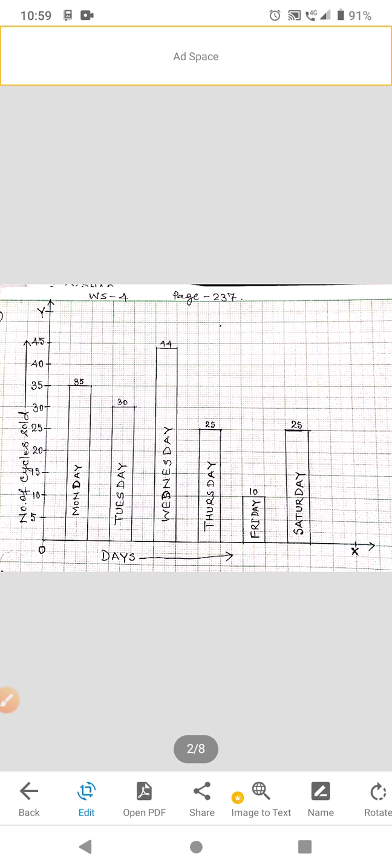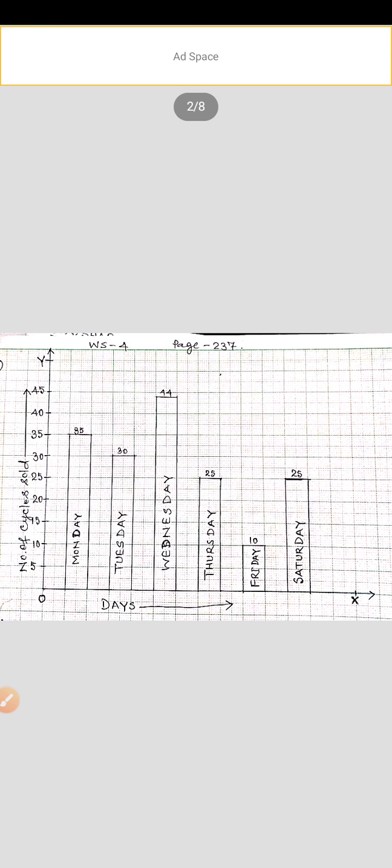Along OX, write the names of the subjects at points taken at uniform gaps. Now choose the scale. A small division equal to something according to the question.